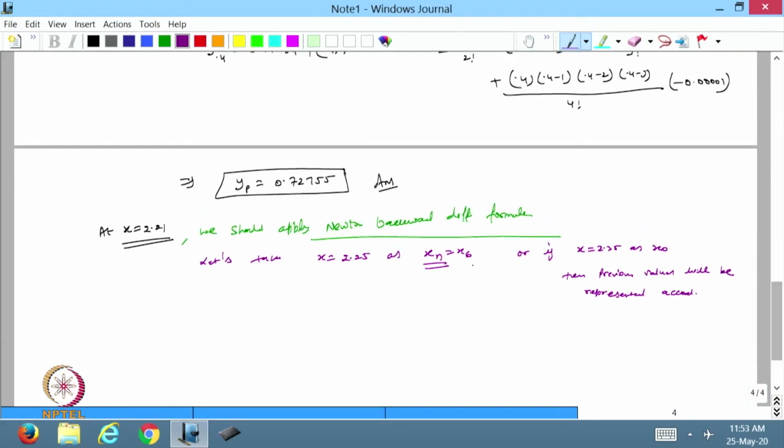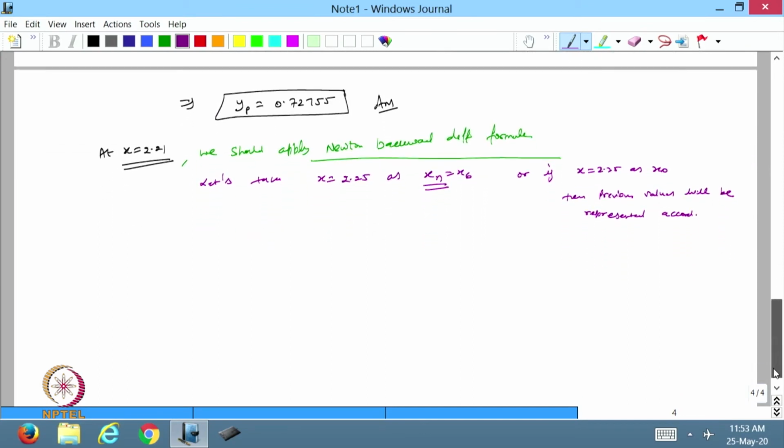So, I can call them y0 or yn, it does not matter. So, let us apply this formula.